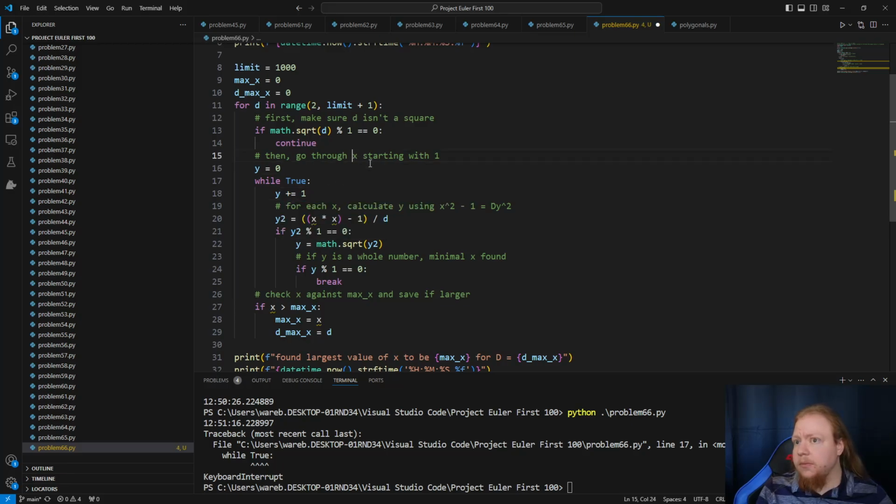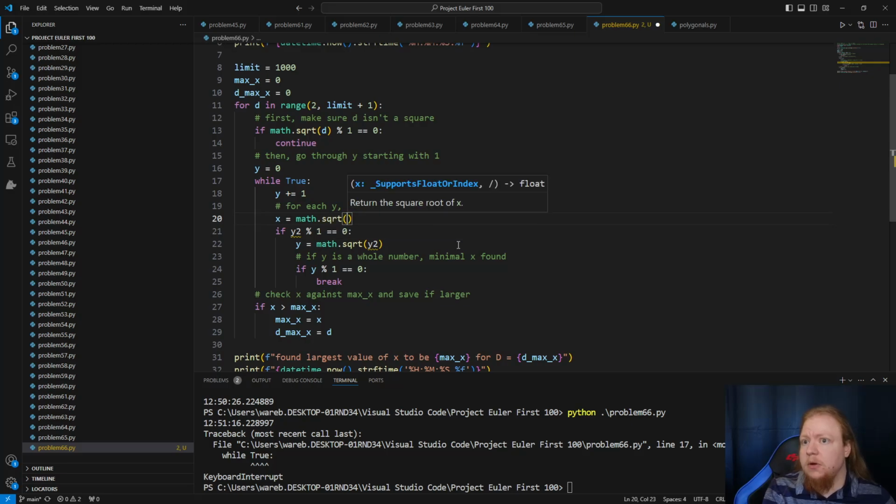And for each y, calculate x using x squared is equal to 1 plus dy squared. x is equal to math dot square root of y times y times d plus 1.